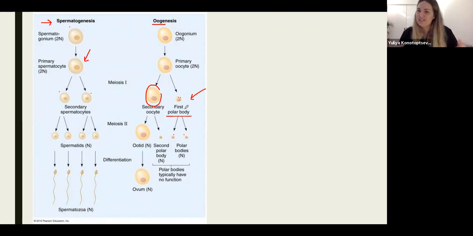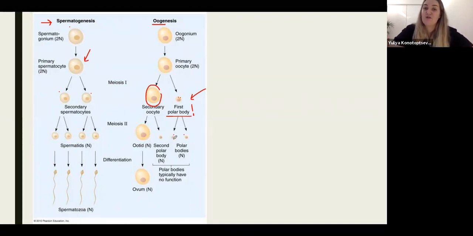No, the nucleus is intact and functioning. So in the exam, especially next semester, be careful here. They can trap you and say polar body is inactive. It's not inactive. It's very active because it is capable of division. It does divide and give rise to 2 more polar bodies.